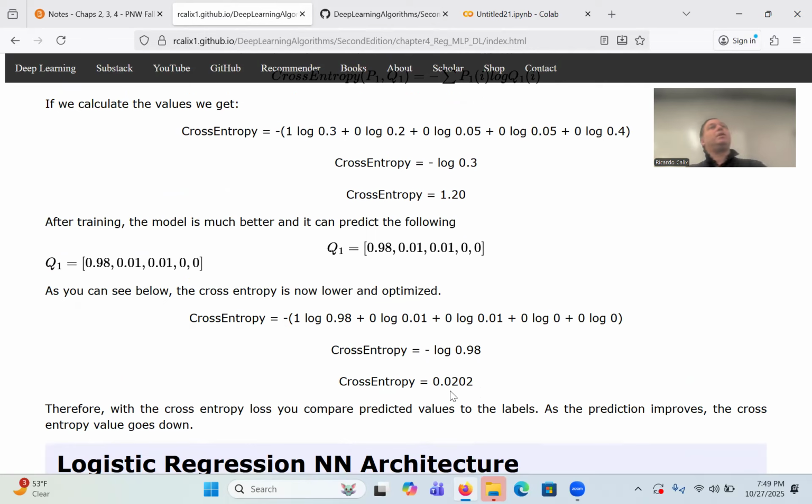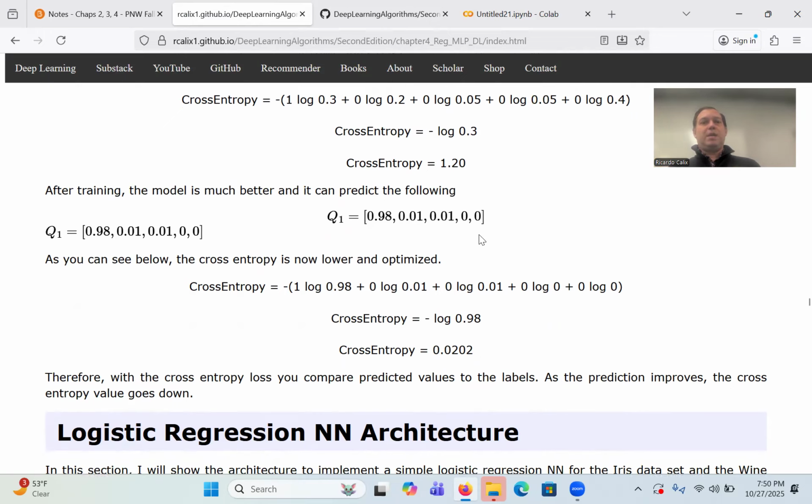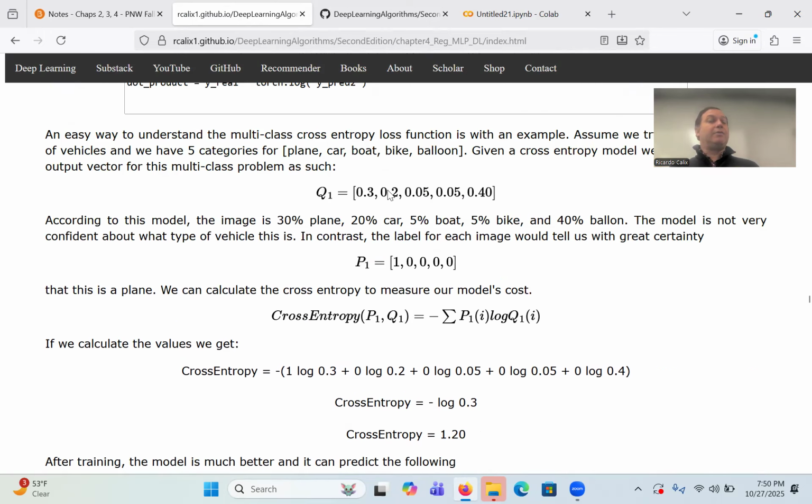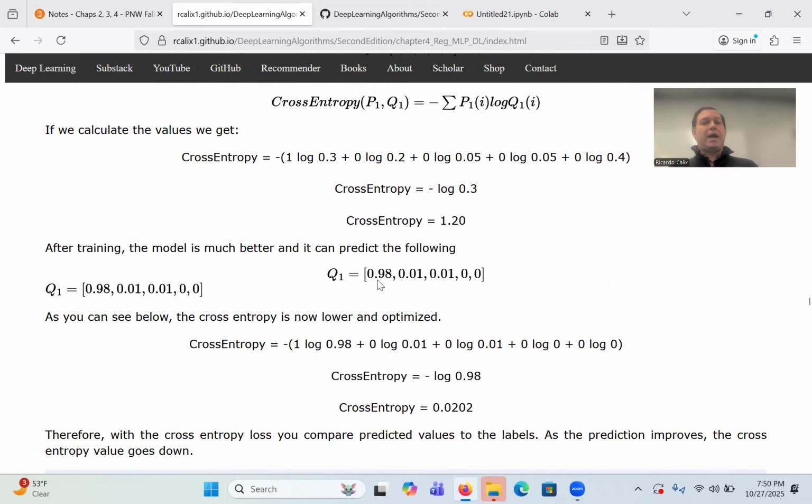Our goal when we are optimizing cross entropy is to do what? For it to go down, right? We want our loss to go down. So in which scenario did we get the lower cross entropy? In the scenario where we had a lot of uncertainty in the prediction model versus the real, or in the scenario where we had good certainty compared to the real data?